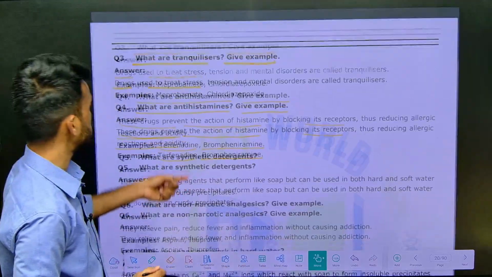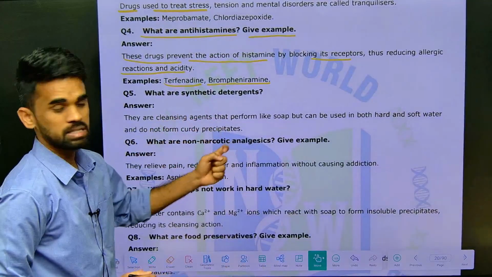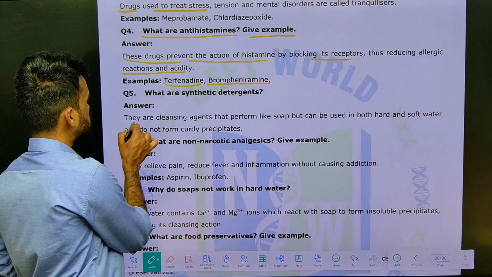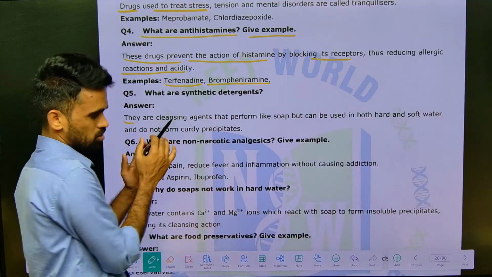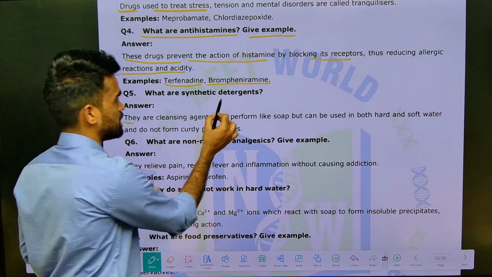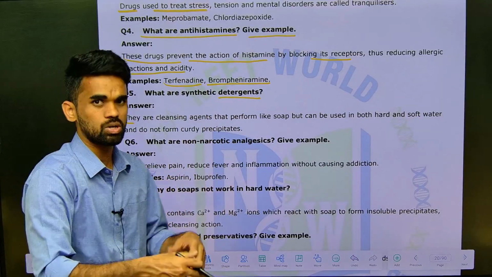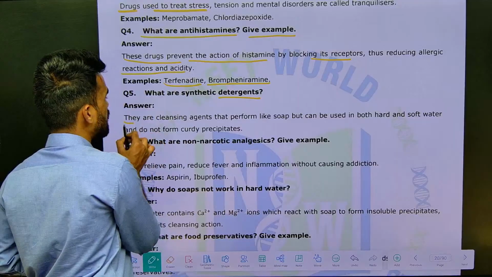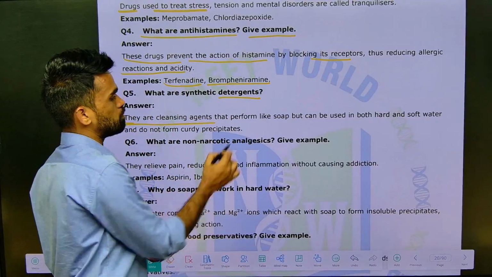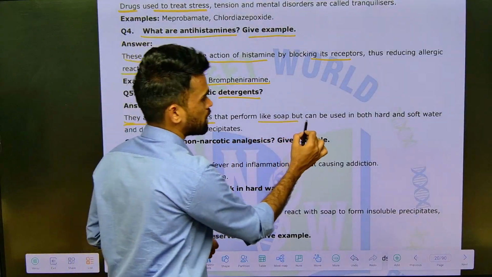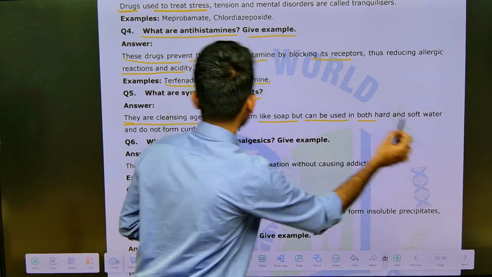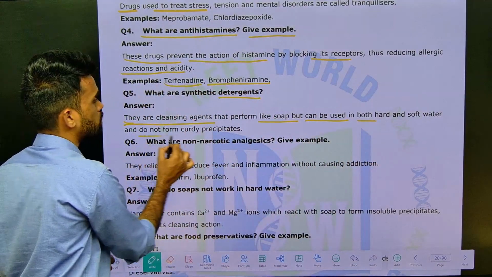Next one here is, what are synthetic detergents? What is the purpose of using detergent? To clean. These are cleansing agents that perform like soap but can be used in both hard and soft water and do not form precipitates.